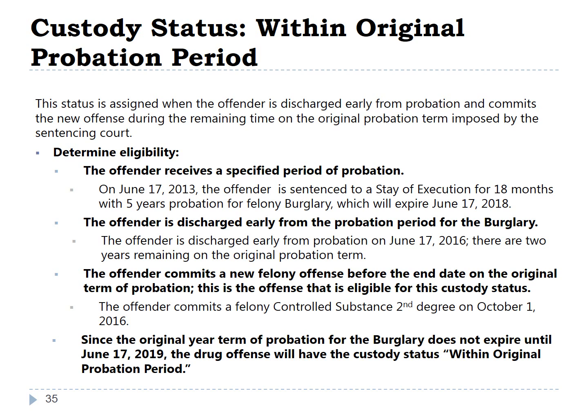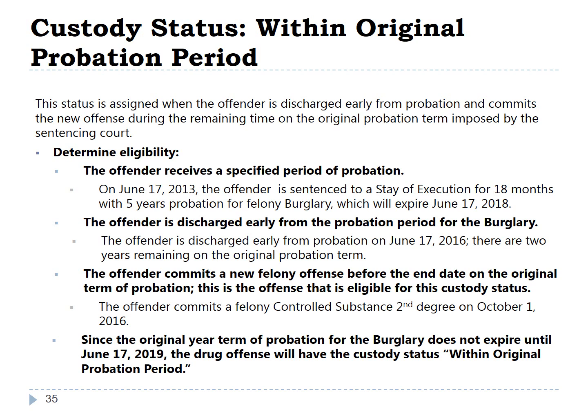When this offender commits a new felony on October 1st of 2016, they will be eligible for the within original probation term period custody status because they committed it before the burglary was due to fully expire. So again, they were discharged early, but they remain eligible until 2018.